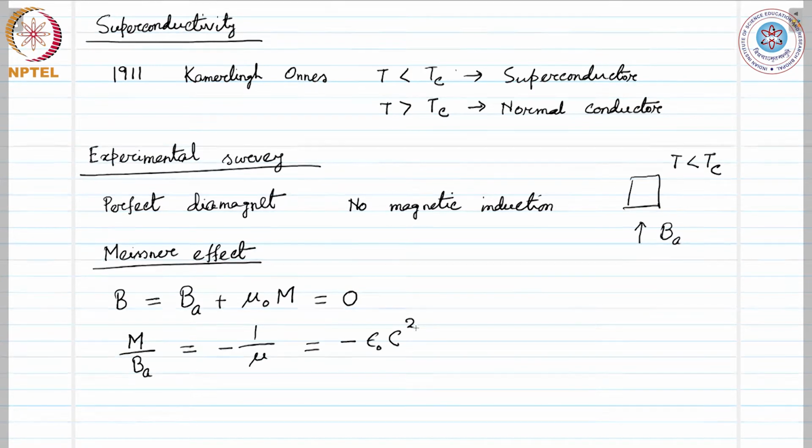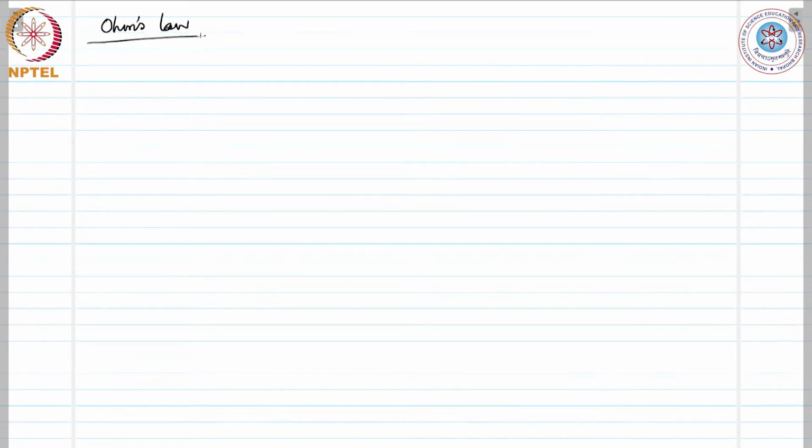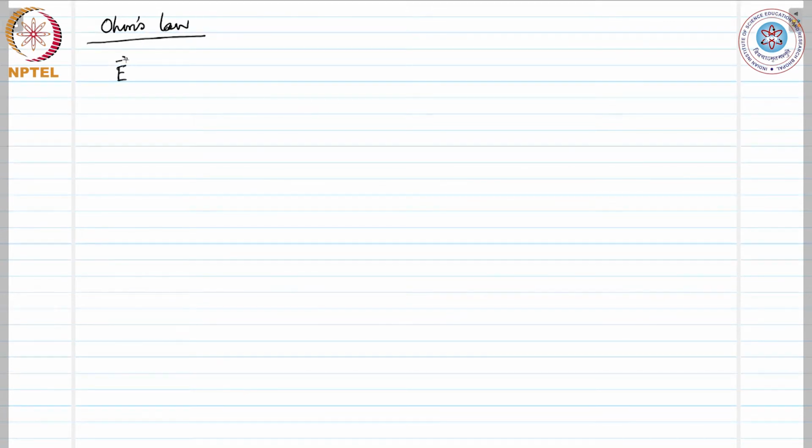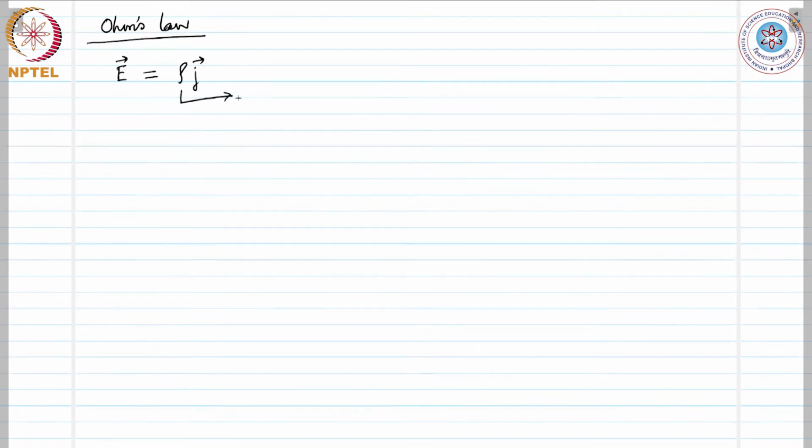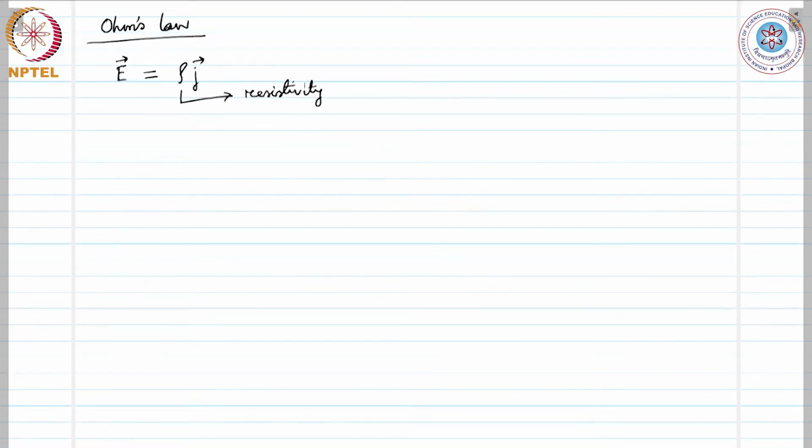The result B equals 0 cannot be derived from the characterization of the superconductor as a medium of 0 resistivity. That is how a superconductor is different from a normal conductor of 0 resistance. Now, let us consider Ohm's law. Ohm's law tells us that the applied electric field E is rho times the current, where rho is the resistivity and J is the current density.